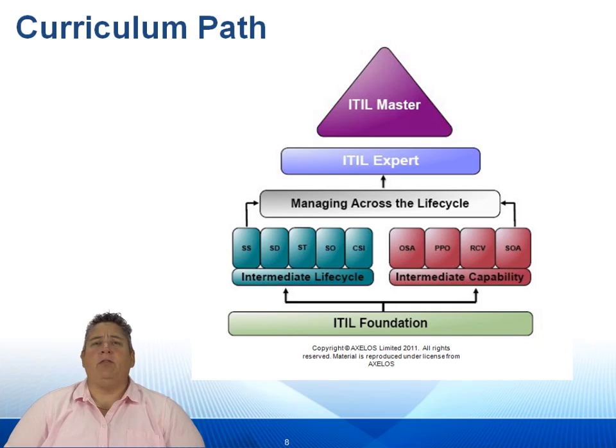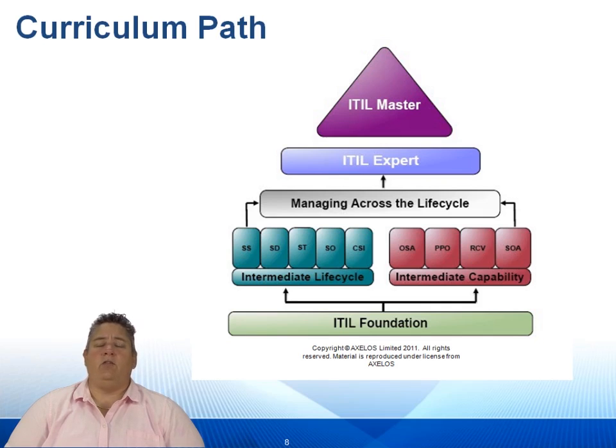The curriculum path for ITIL, if you're interested in achieving the ITIL Expert: there's a few things that you must do, and then you get a couple of choices. Obviously, you must have the foundation certificate, and then the other mandatory course is Managing Across the Life Cycle, or MALC. Additionally, you need to have achieved 22 credits.